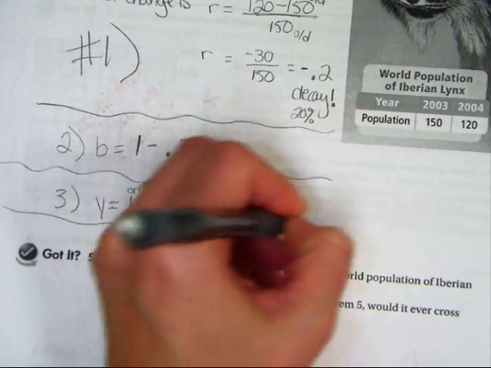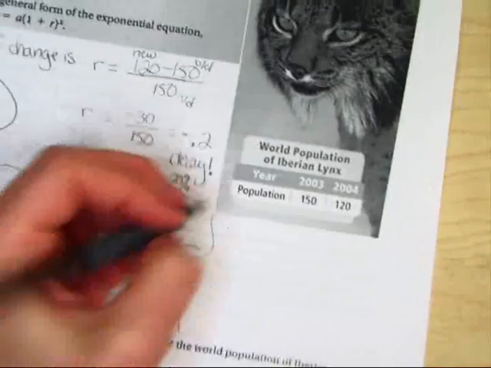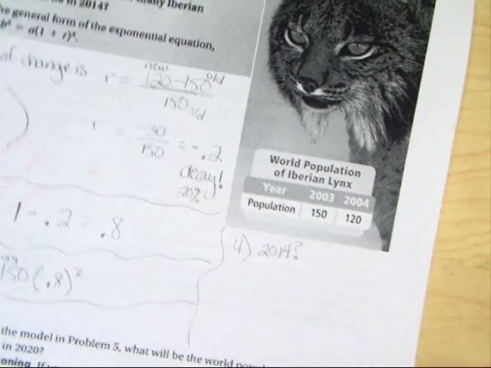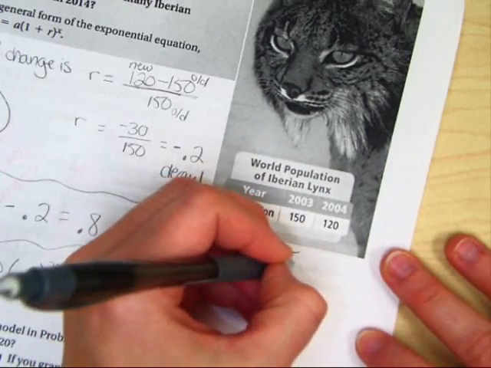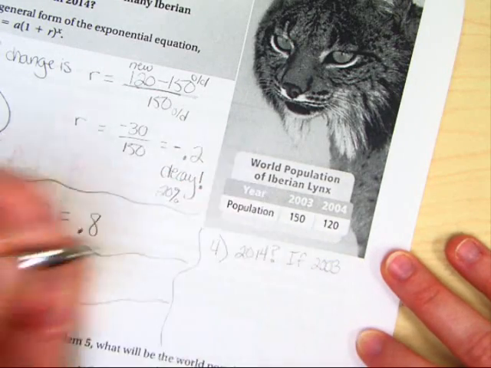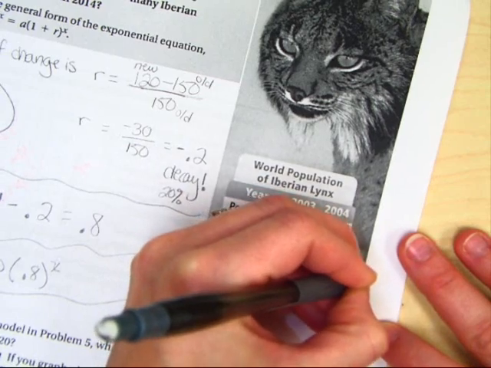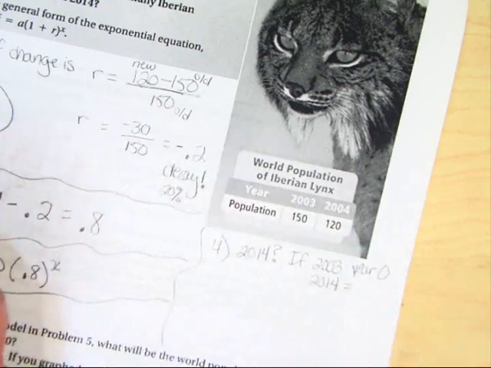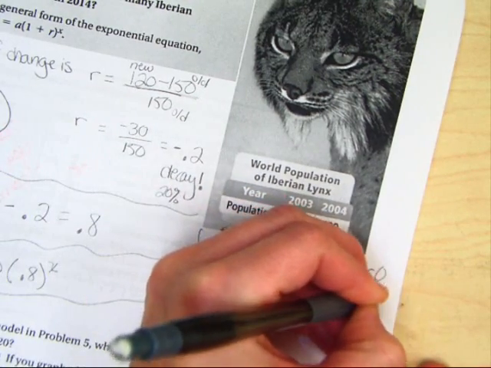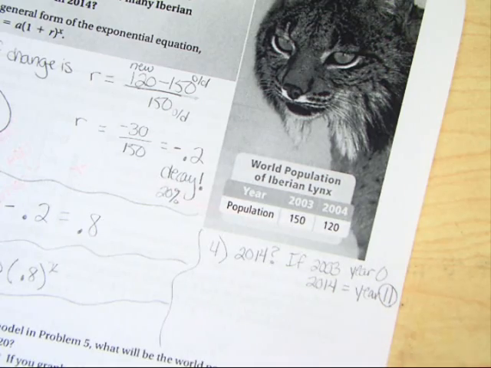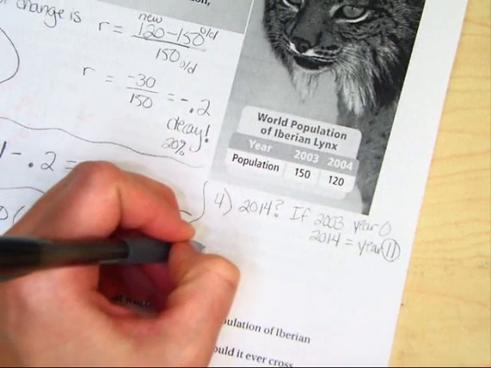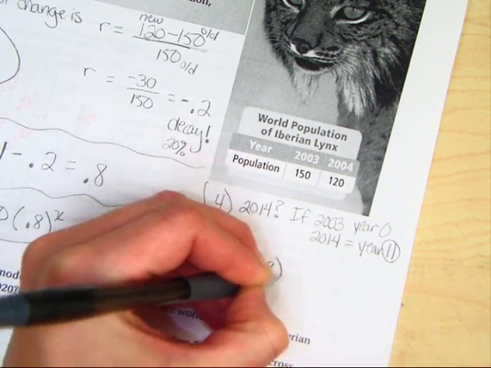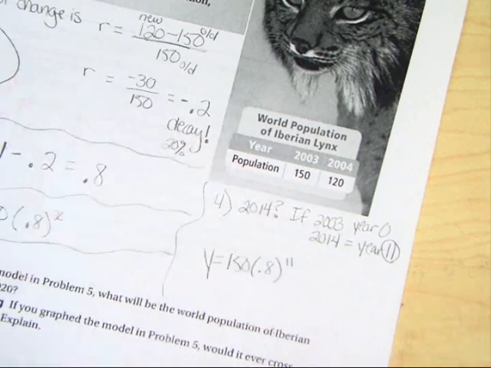Now step 4. Ready? Step 4 said, what about 2014? Well, if 2003 is year 0, wouldn't 2014 be year 11? So we're going to take our equation and do y equals the original amount, our decay factor to the 11th power.